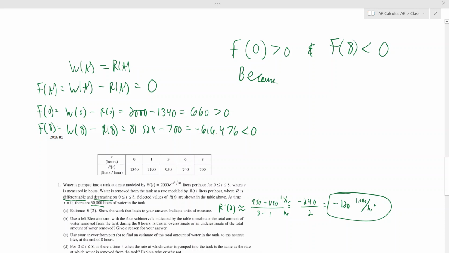Now, IVT applies if our functions are continuous. They tell you that W and R are both differentiable, right? R is differentiable and decreasing, okay, because W and R are both differentiable, and thus continuous, right?